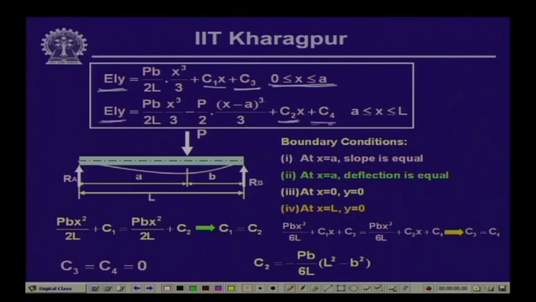So, we have another two constants C 3 and C 4 that have come in after integration, and the validity of this particular expression, the value of x ranges between A and L.